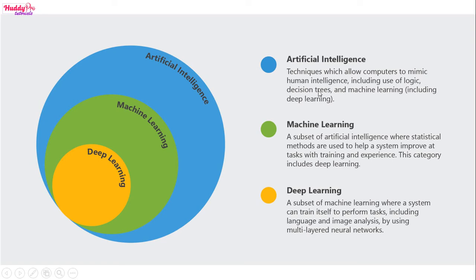They use logic, decision trees, and machine learning. Machine learning is a subset of AI where statistical methods are used to help the system improve at tasks with training and experience. And deep learning, a subset of machine learning, is where a system can train itself to perform tasks including language and the analysis of images, and it uses multi-layered neural networks.